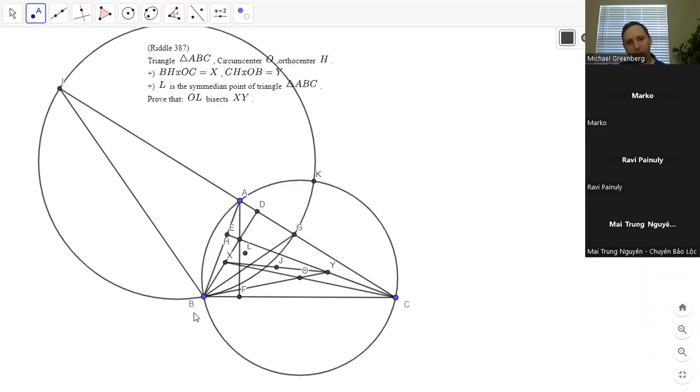So angle CBK is CBY plus YBK, and we said that this YBK is tangent. Oh, and BO, and I think I see YBK as a median. Yeah, I think it's just an angle chase once you know that.